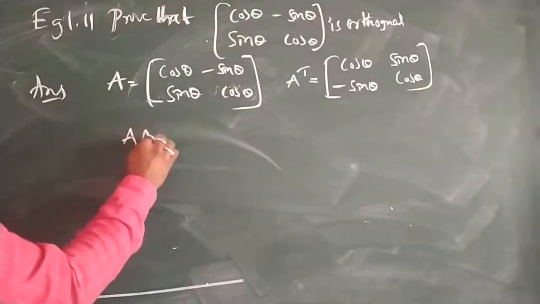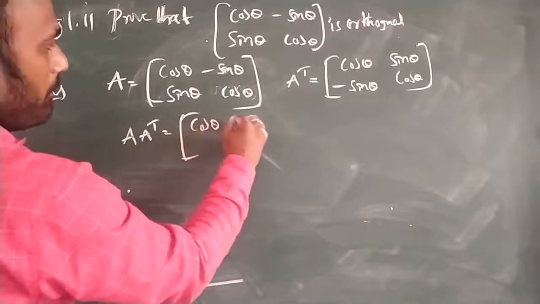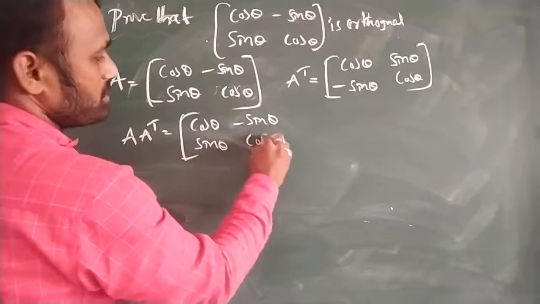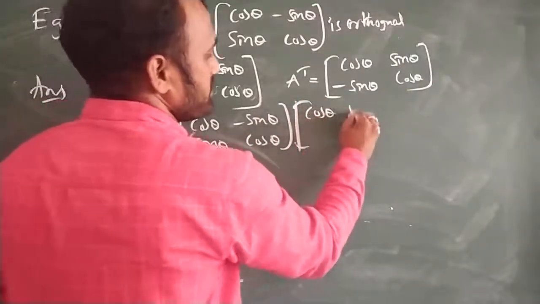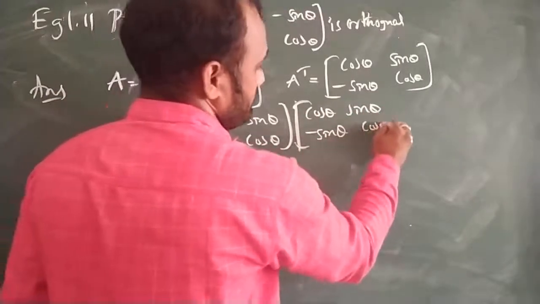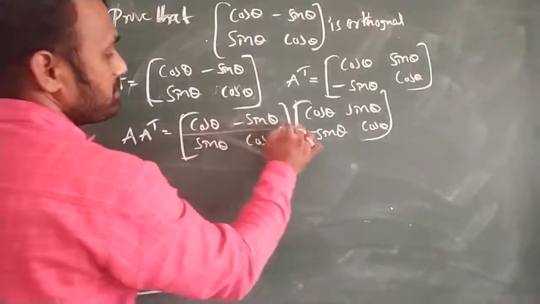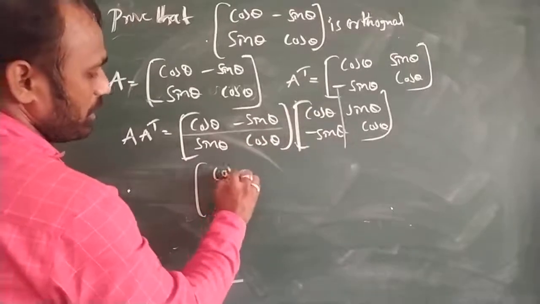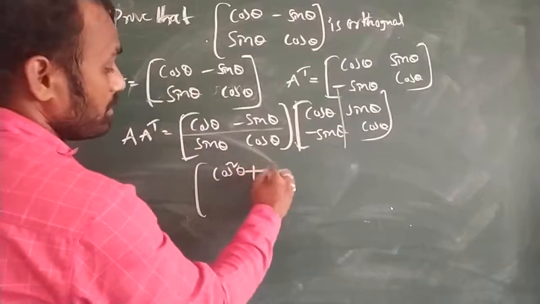A into A transpose means multiplication of two matrices. When multiplying, this row and this column: cos theta into cos theta is cos square theta, minus into minus plus sin square theta.